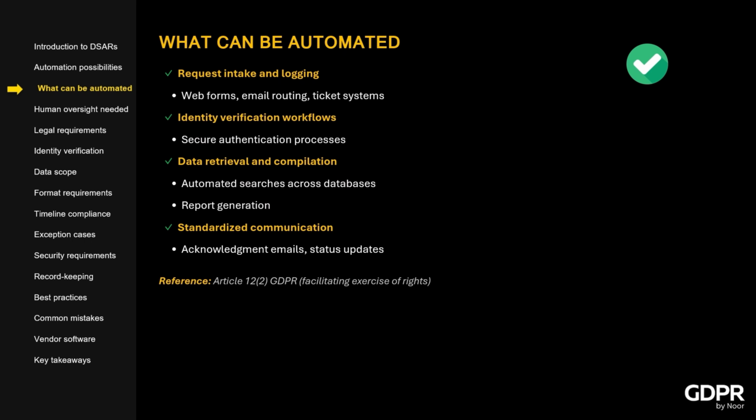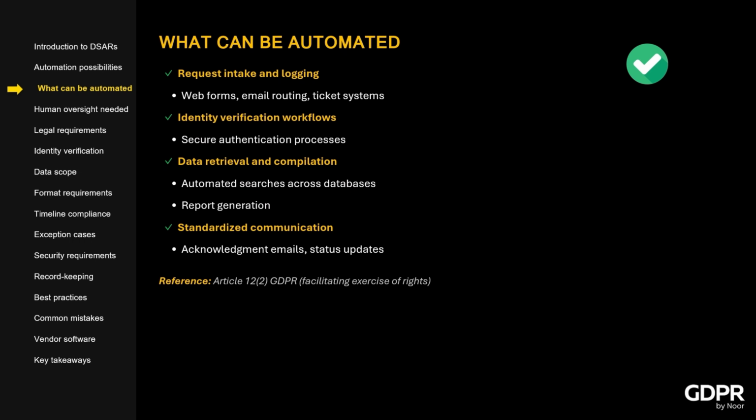Data retrieval: software can search multiple systems, collect personal data, and generate a standardized report, removing the need for manual data hunting. Standard communication: confirmation emails, updates, and deadline reminders can be automated.